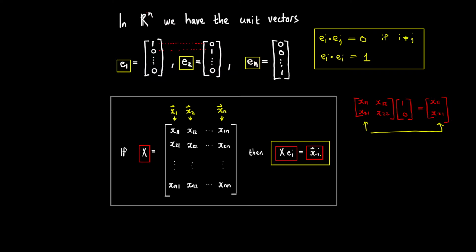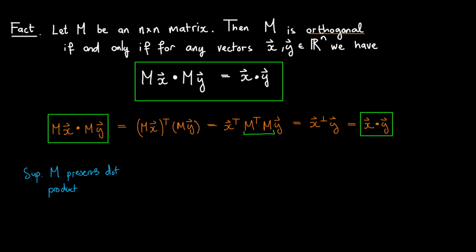Okay, so let's go back to finish off the question we had earlier. Here's where we were. We're given a matrix. We've just supposed at this point that M is a matrix which preserves the dot product. Now let's see that M would have to be orthogonal.